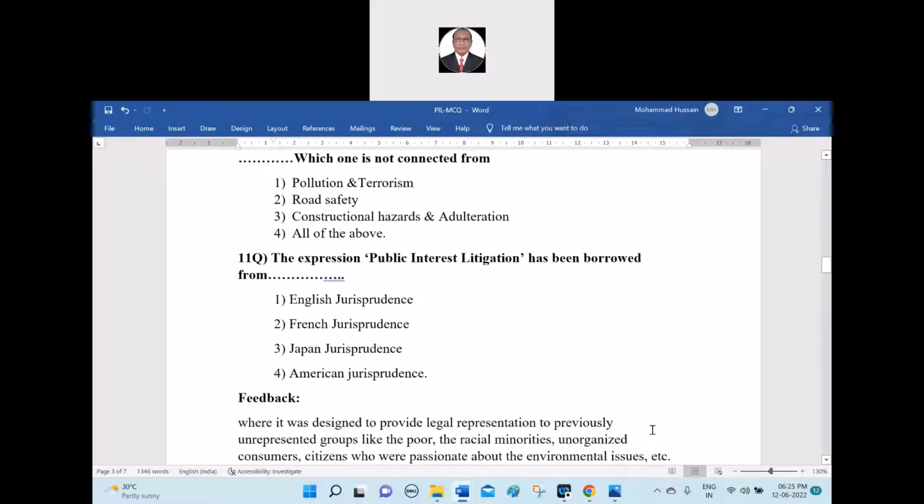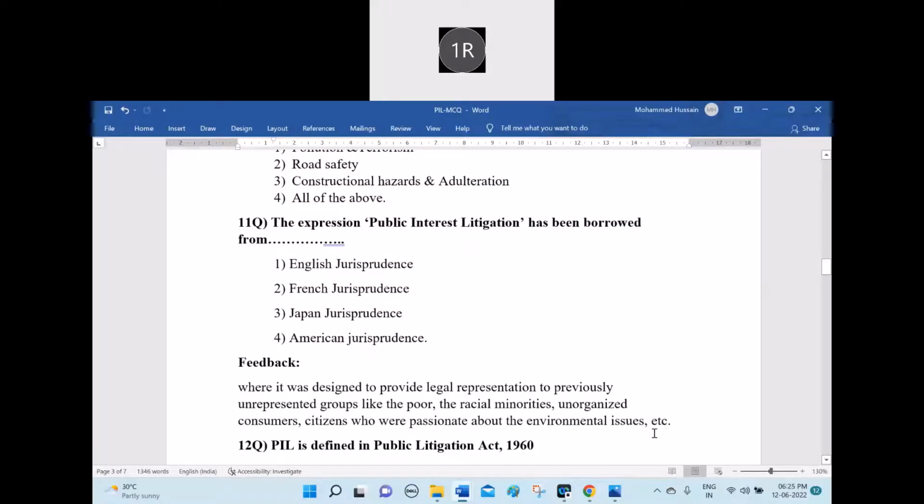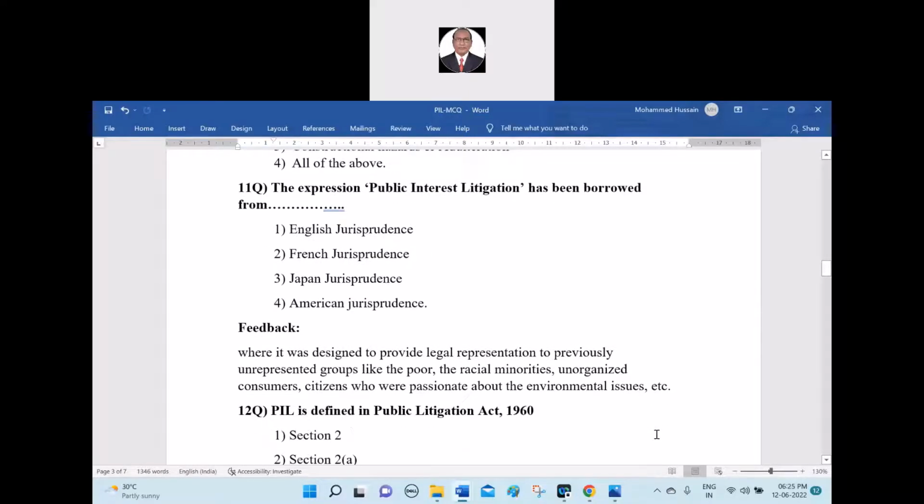It was developed firstly only in the USA, the United States of America. So feedback: it was designed to provide legal representation to previously unrepresented groups like the poor, racial minorities, unorganized consumers, and citizens who were passionate about environmental issues.